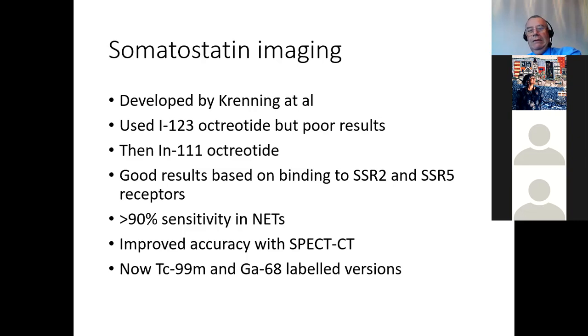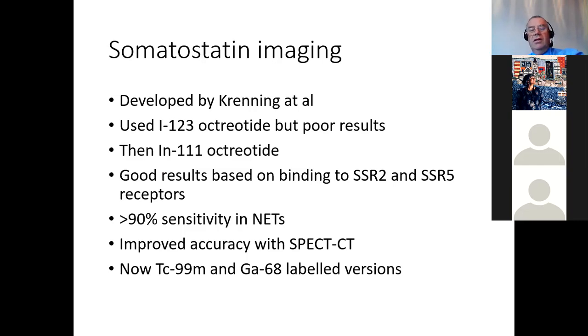Oh, someone's getting old. Anyway, this was developed by Eric Krenning using originally iodine-123, but that didn't produce very good results. So in the late 1980s, 1988, he started to label octreotide with indium. So he had indium octreotide, and that started to really change things, and we started to get very good results.